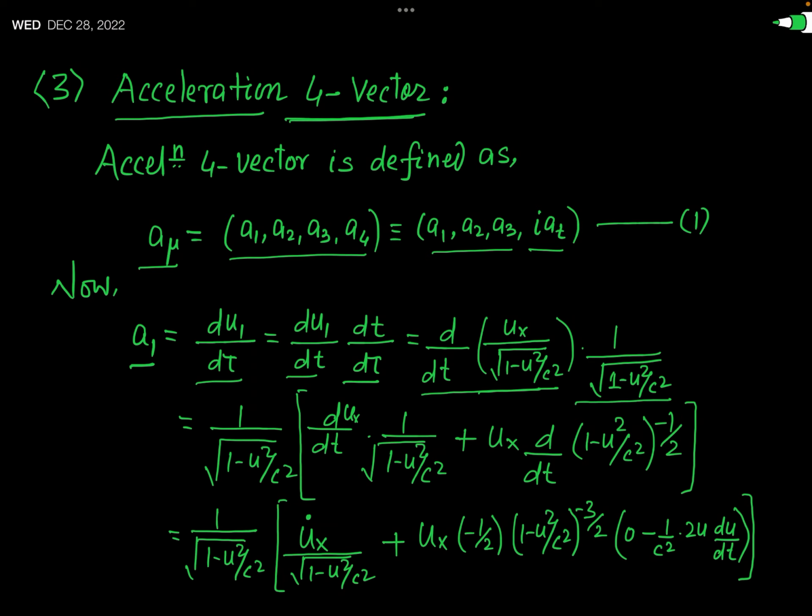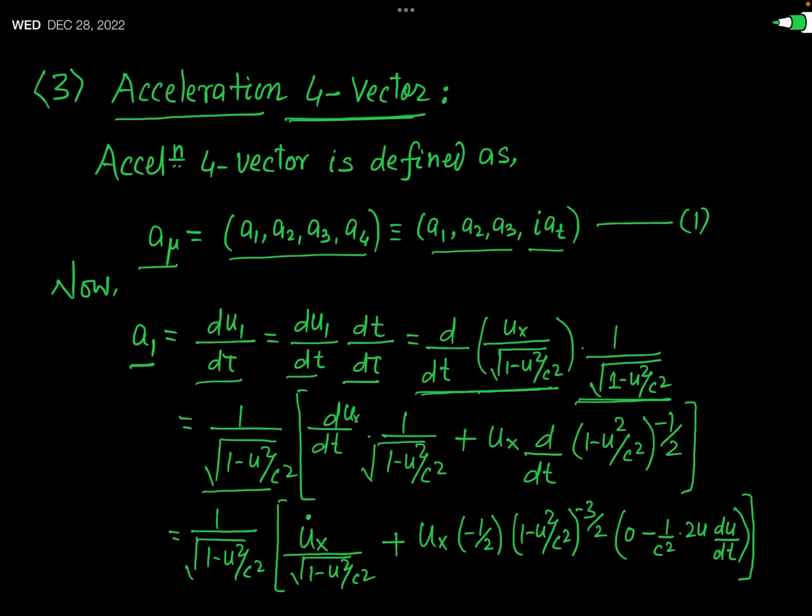Okay. Now, take this factor which has been written last. Now, we write it here. This is 1 by 1 minus u square by c square. Now, we will evaluate this derivative d by dt operated on ux divided by this much. You can see here there are two functions, or you can say that there is a product of two functions.